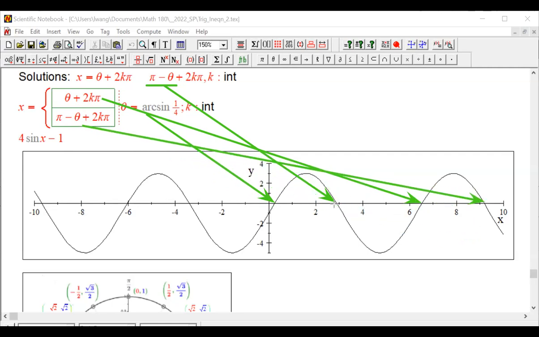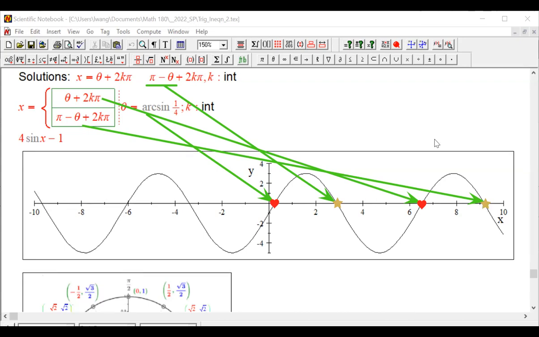Let me show you. From this piece to that piece, the difference is 2 pi, 2k pi, right? 2 pi. And from this place to the next place, that's 2 pi. Okay?